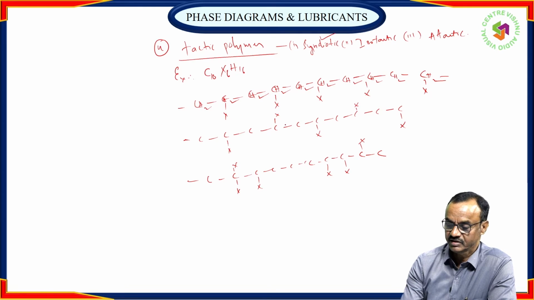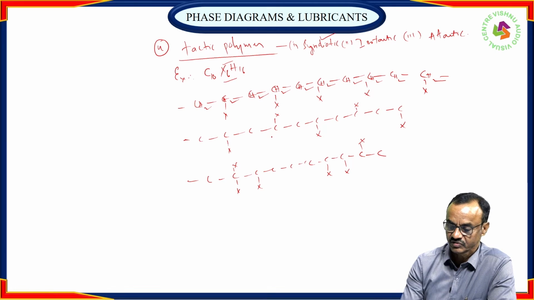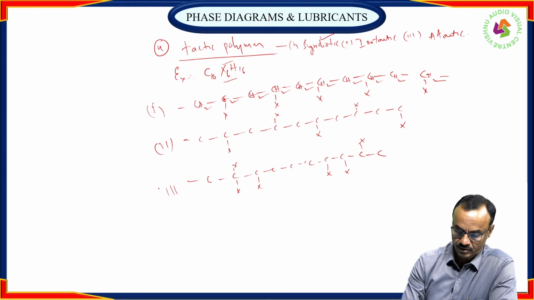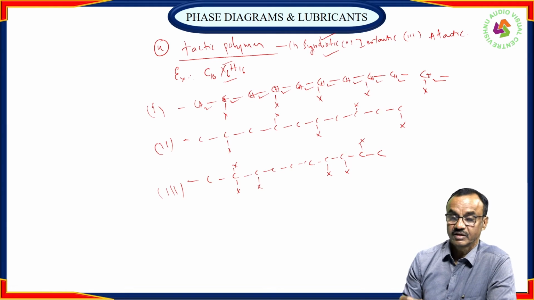This side, next this side, next this side, next this side. How many are there? 3 4 5 6 X atoms. 16 hydrogens. You can attach hydrogens for the second and third also. 1 2 3. First is known as syndiotactic.